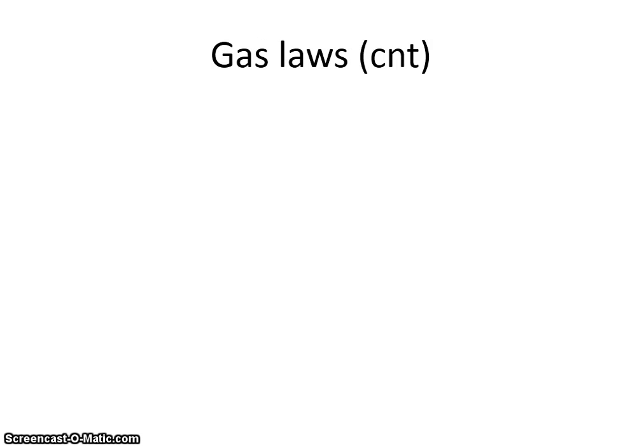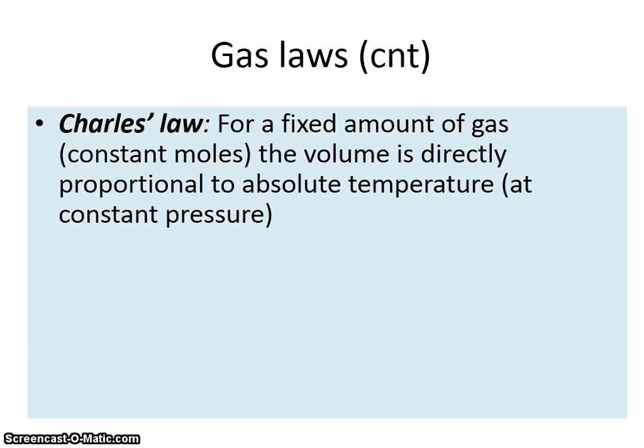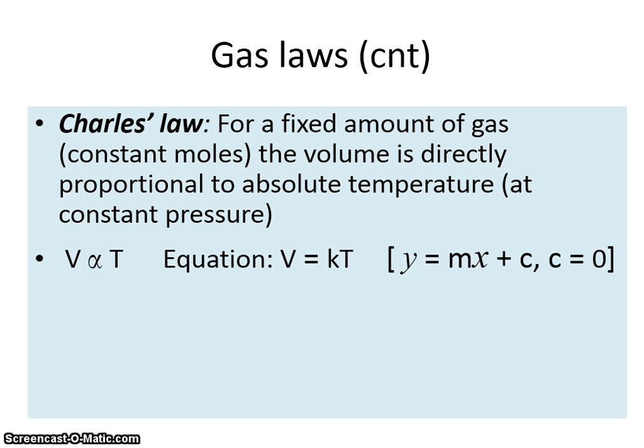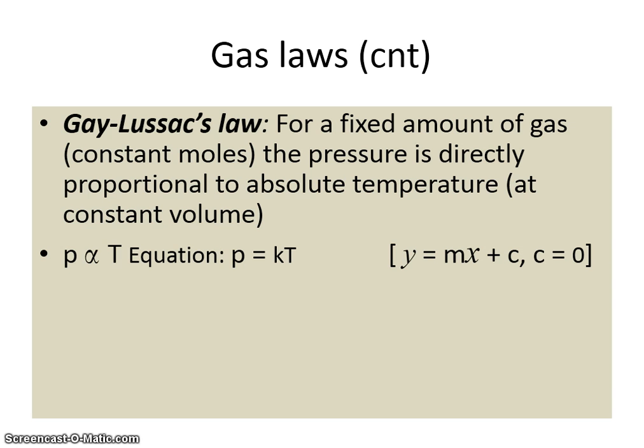The gas laws continue now with Charles's law. In this one, the pressure is constant and the volume is directly proportional to the absolute temperature. In mathematical format, it looks like that, V directly proportional to T. Then Gay-Lussac's law.